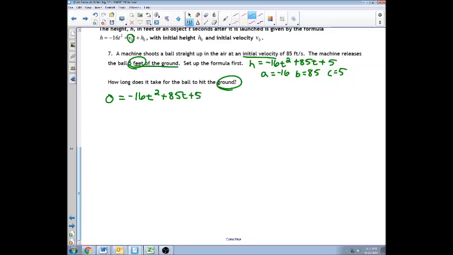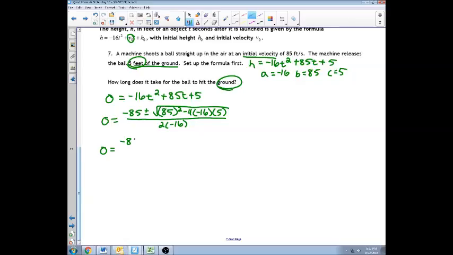All right? So now I'm going to use the quadratic formula. The opposite of b would be negative 85 plus or minus the square root of 85 squared minus 4 times negative 16 times 5, all over 2 times negative 16. I'm going to simplify what I can.